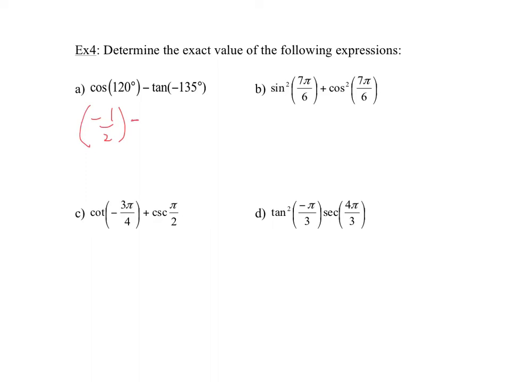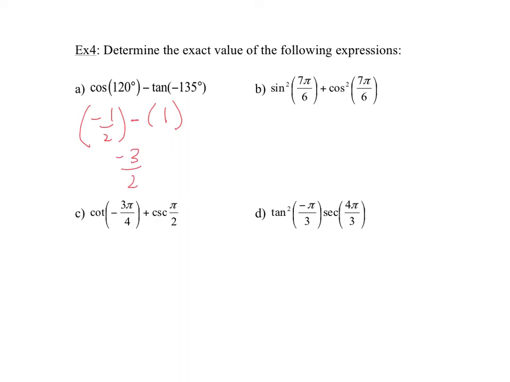We subtract, right? That's the subtraction. And tan of -135 degrees, that is over here, and the tan value there is 1. So you have -1/2 minus 1, which is -3/2.